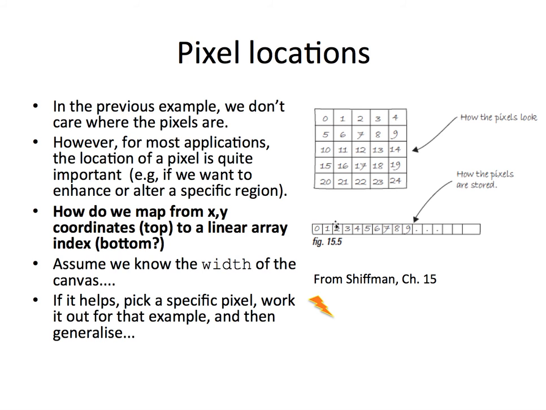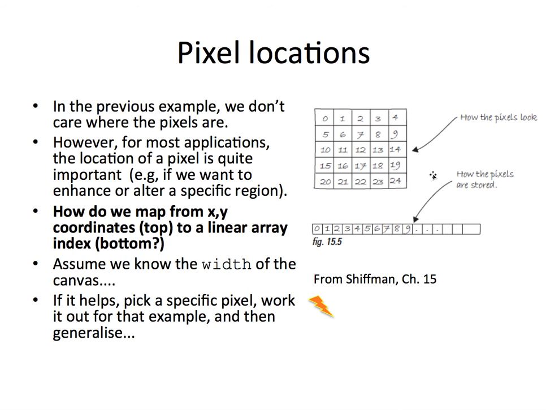Well, we assume that we know the width of the canvas, so we can visualize the canvas as a series of horizontal slices that are then laid end to end to form the pixel array. So what's the algorithm for going from x, y to index in the linear array?